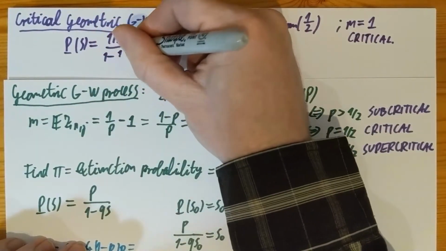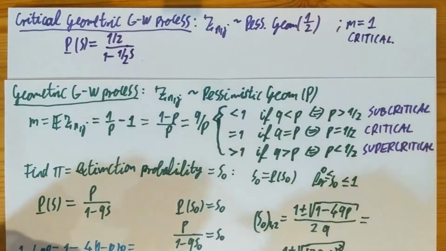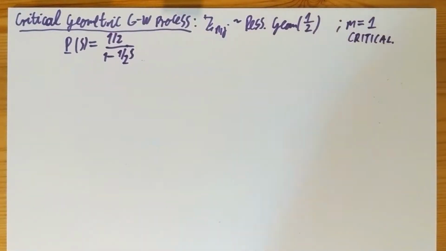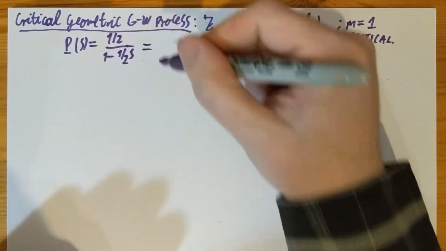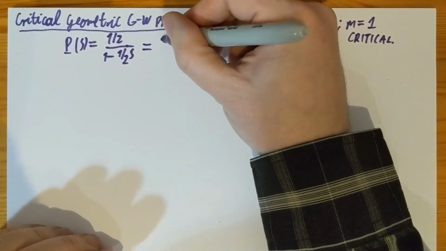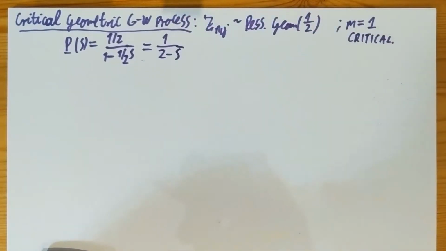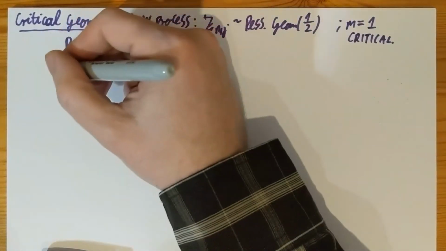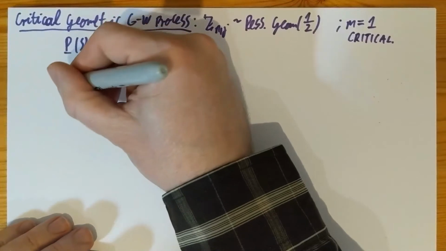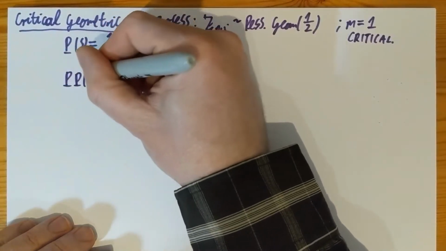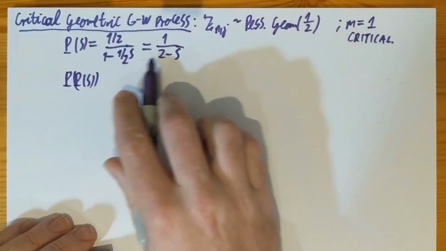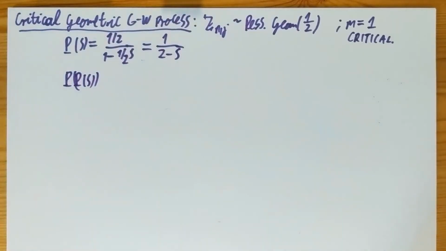P and Q are both 1/2. So the generating function is P over 1 minus QS, or 1/2 over 1 minus 1/2 S. If I multiply up by 2, then it's 1 over 2 minus S. So this was so far the generating function of the offspring distribution.